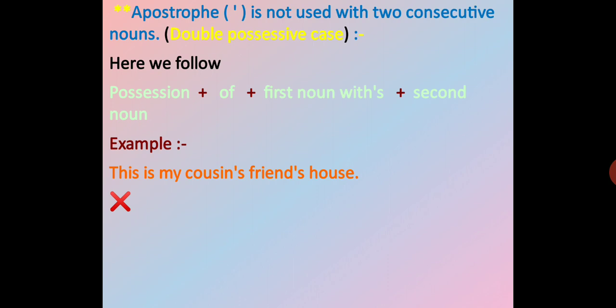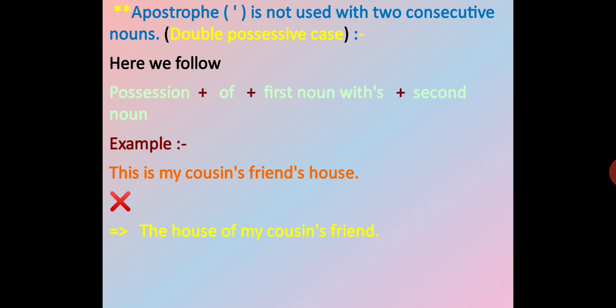House. So, first of all, we write the house of, what is the first noun in the sentence? My cousin. Then we add apostrophe s and then write the second noun. So, the correct form of possession will be the house of my cousin's friend. Have you understood?